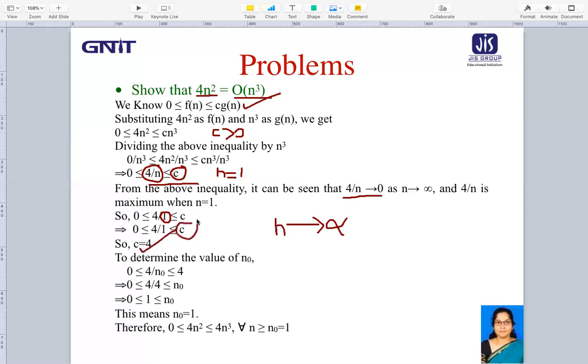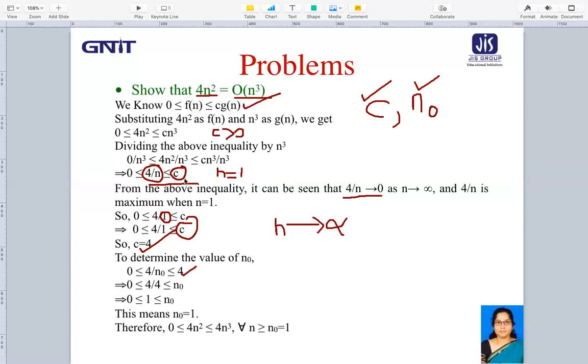We should remember that because we are talking about the upper bound, we should always check the maximum value for c. For any problem, we have to find the value of c and the value of n0.